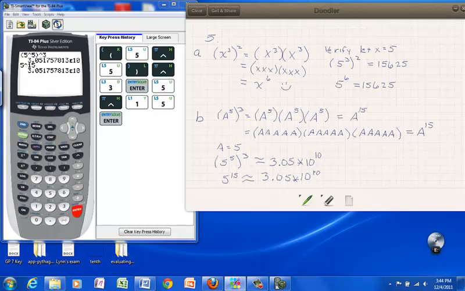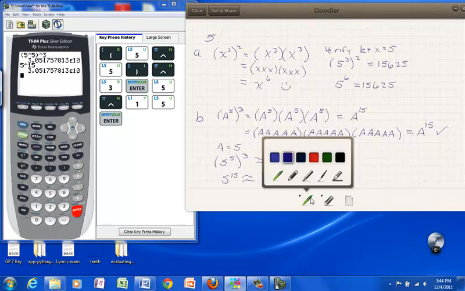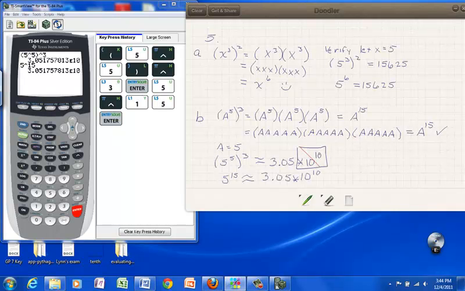What I was looking for and what I was hoping for is that these two answers would match and that I would know that answer is correct. Now, if on your paper you leave this part off and you say that 5 to the 5th power and then raised to the 3rd power is just 3.05, I will take a point off on the exam.